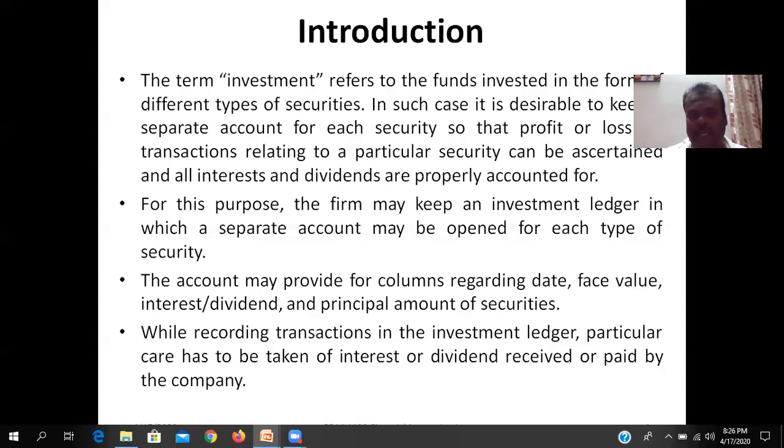But in addition to that, we will have three major columns. Number one, the nominal value. Second, income, which may be in terms of interest or dividend. Third, the capital value. These three columns would be available on both sides. So that is the investment account. Then we can see it later with an example.